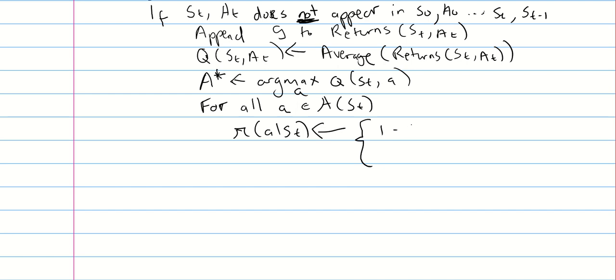This is 1 minus epsilon plus epsilon over the cardinality of A(St) if a is equal to a star, or it's epsilon over the cardinality of A(St) if a is not equal to a star, right?